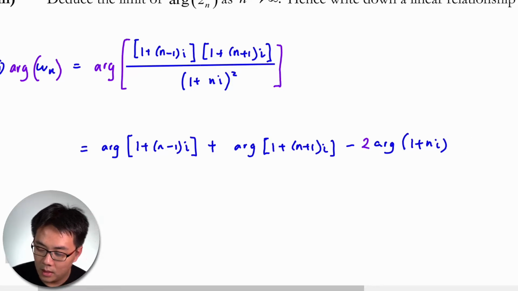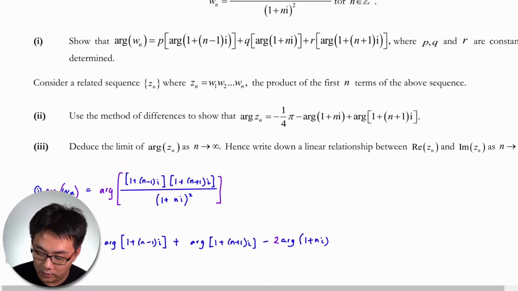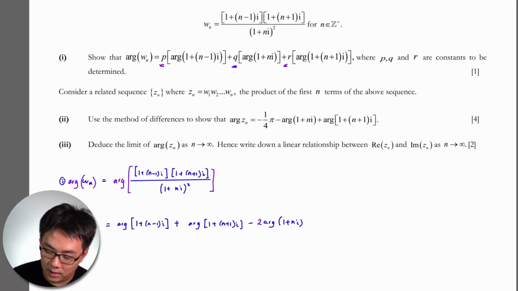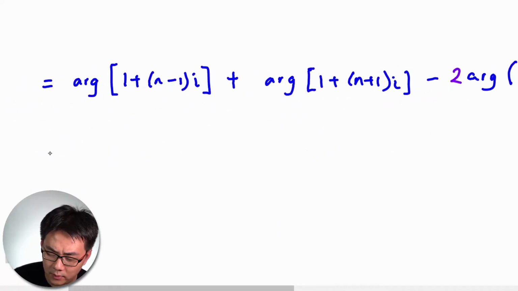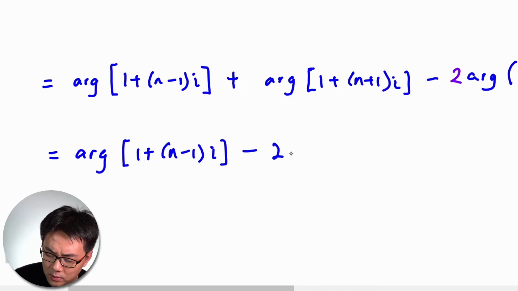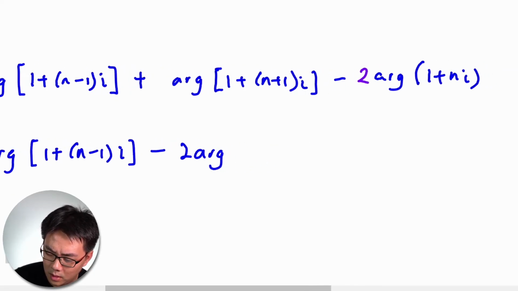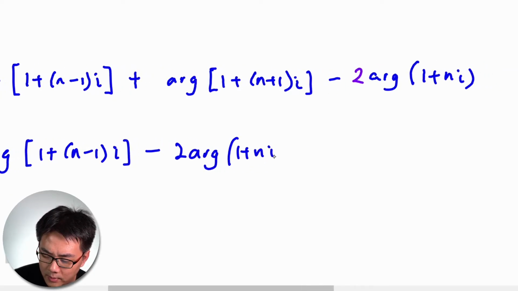Okay, and just take note of the way they define this: q is actually negative 2, r is 1, and p is 1. So in other words, just rewrite this whole thing here. We have argument of 1 plus n minus 1i minus 2 argument of 1 plus ni plus argument of 1 plus n plus 1i, because this is the sequence that they want us to write down.